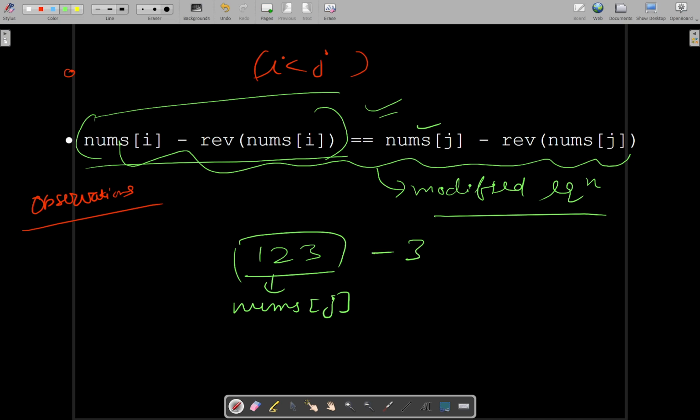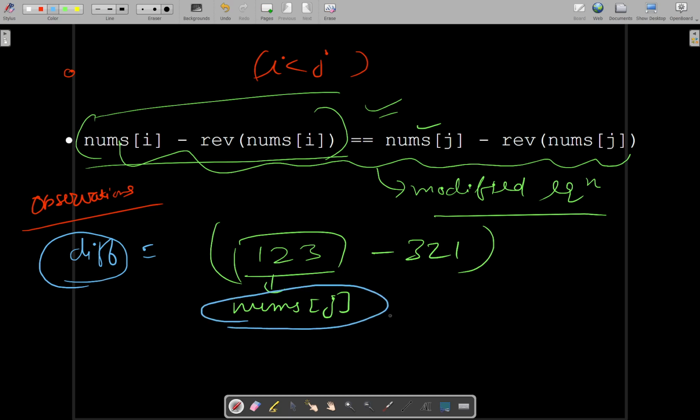It will be 321. So whatever the difference that you will be getting here, let's call this diff. If this diff is being repeated earlier also, if you have seen this difference earlier also, then the number of times that you have seen this difference earlier will be the number of pairs that this nums of j can be contributing to.